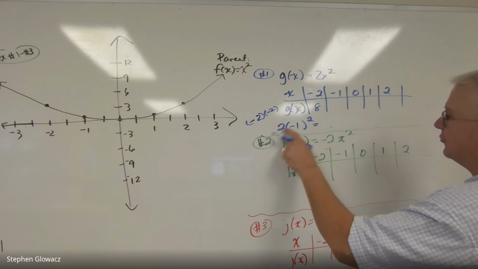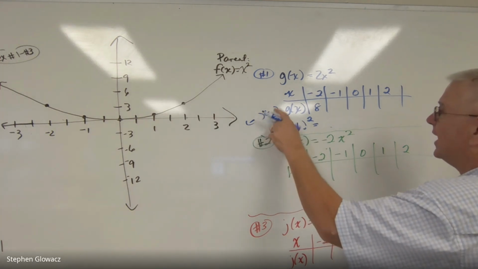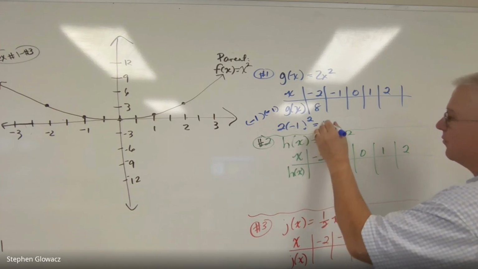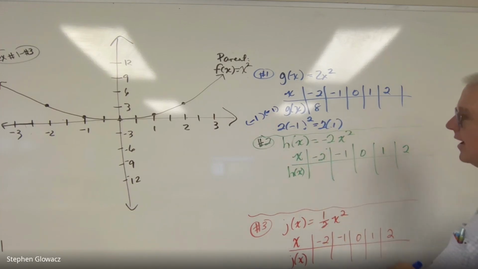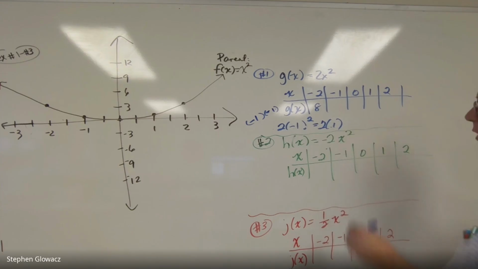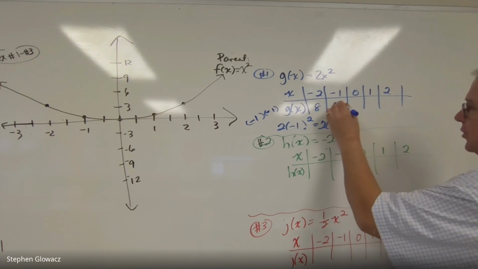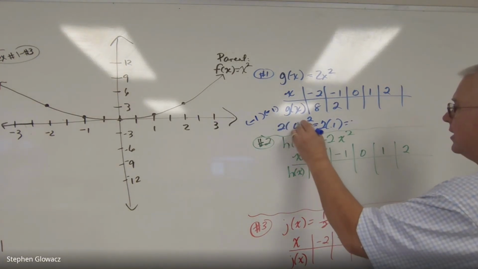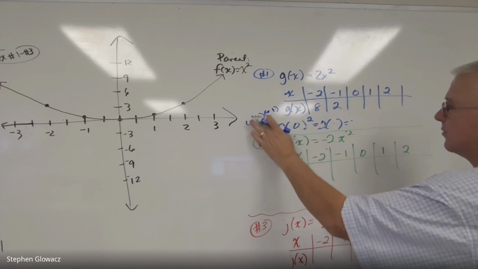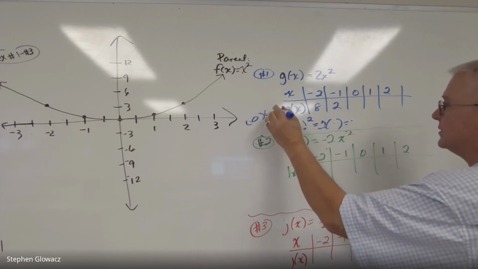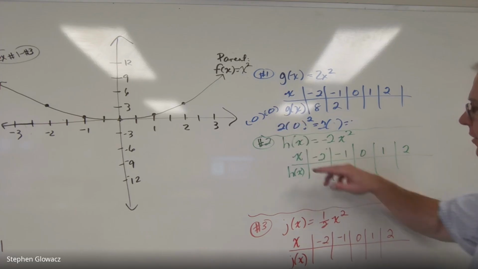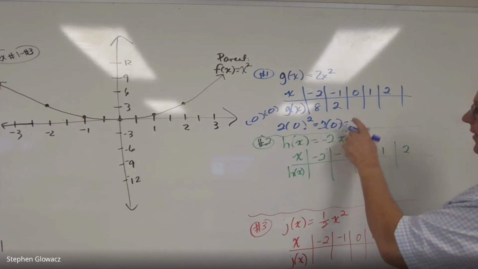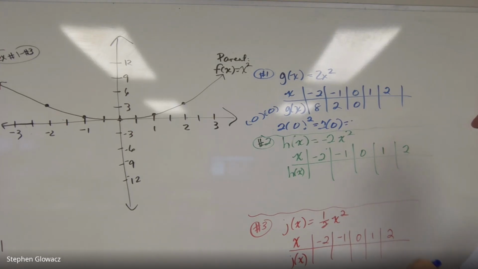Next we have 2 times -1 squared. -1 times -1 is a positive 1, and then 2 times 1 is 2. Next we have 0. 0 squared is 0 times 0, which is 0, and then 2 times 0 is 0.